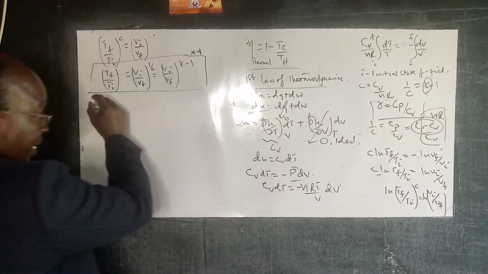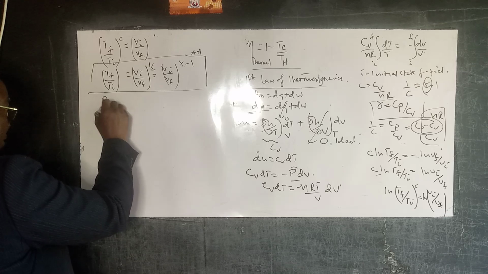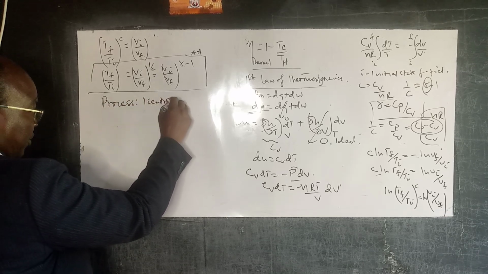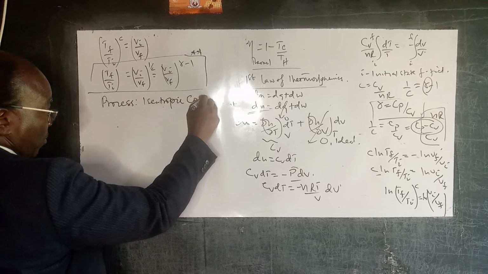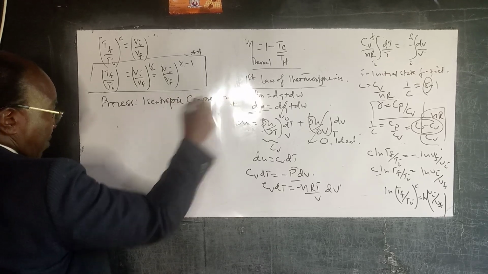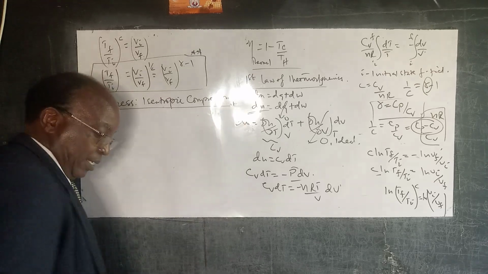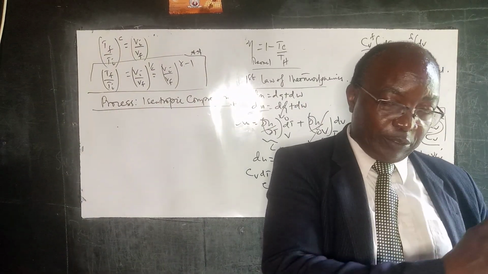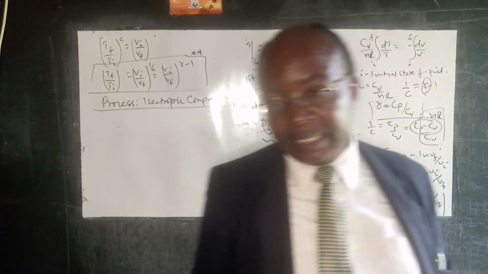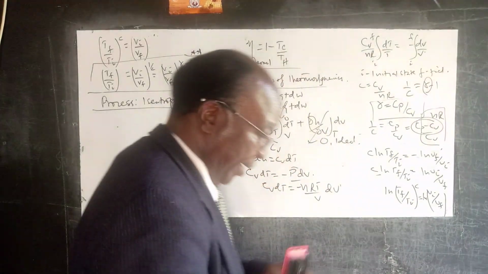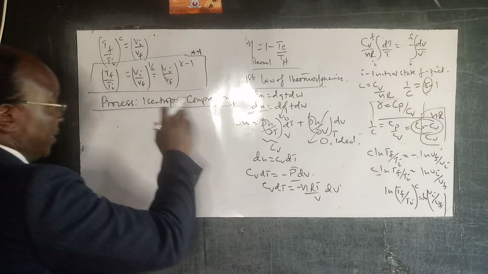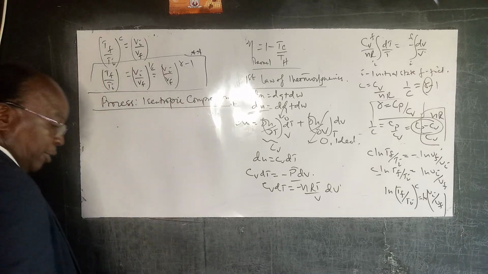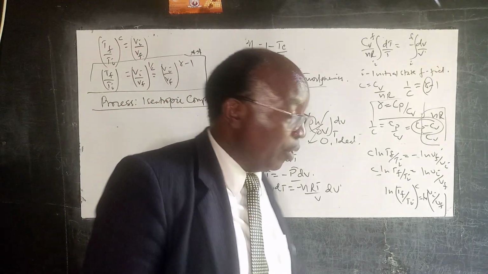Now, let us work with the process of isentropic compression. Remember, it's that process from state point 1 to state point 2 in that diesel cycle. Just remember in your mind, we have drawn it, we just erased it. Now, that's isentropic compression, which is an adiabatic reversible process.